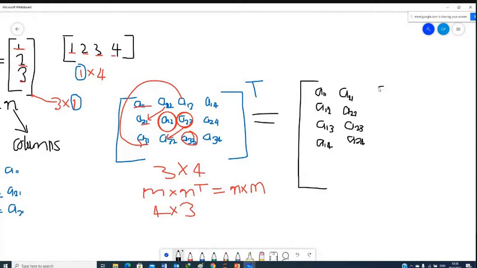And then A31 comes here, A32, and then A33, and then A34.